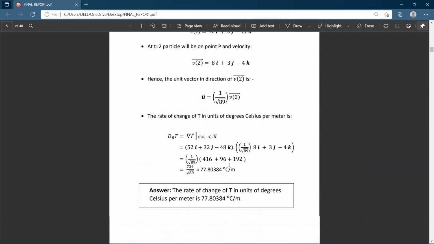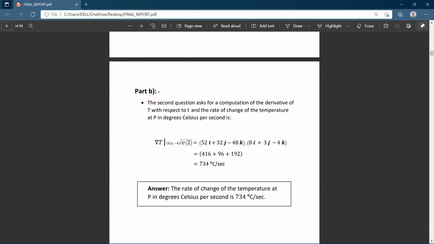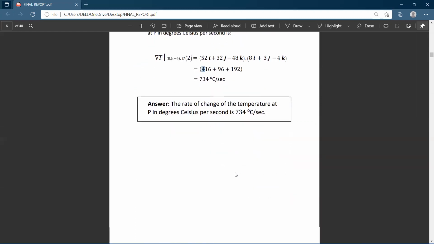So we only have to multiply the gradient of T with the velocity vector at t equal to 2. So I am doing that, multiplying the gradient of T with the velocity vector, and by simplifying this equation, we get the answer 734 degrees Celsius per second.